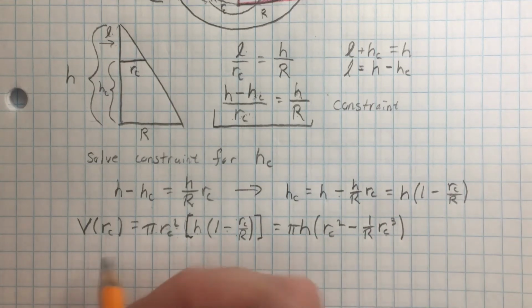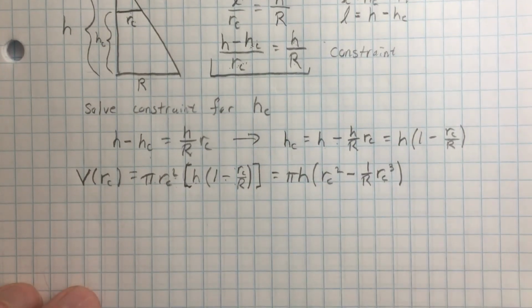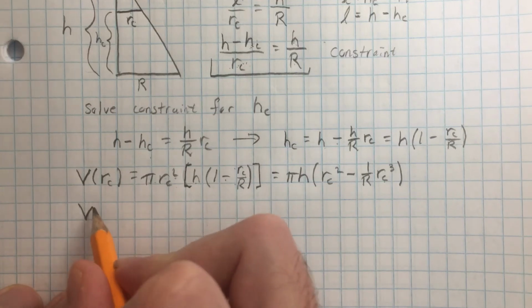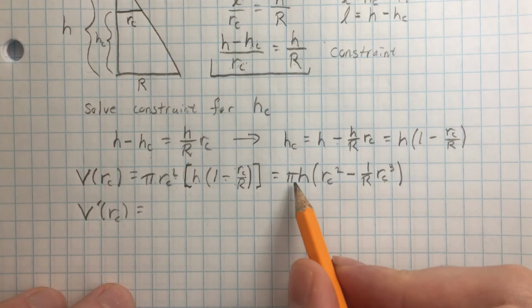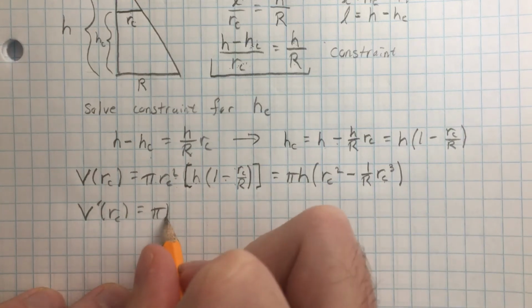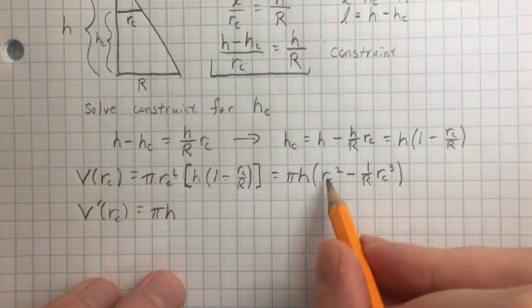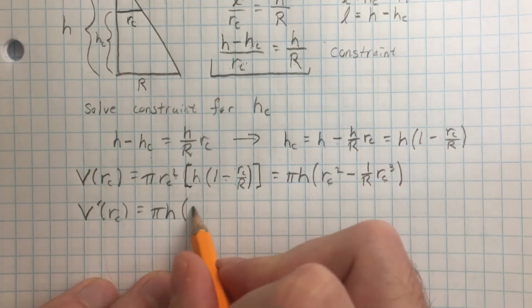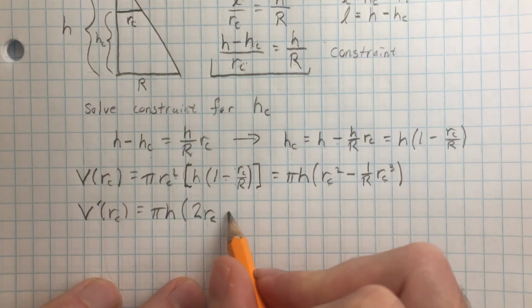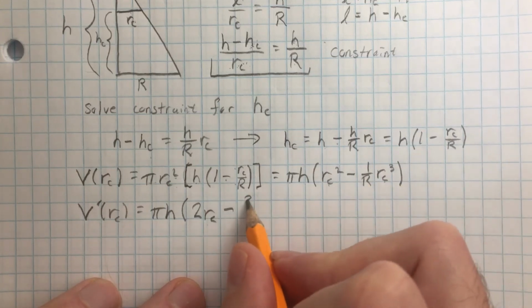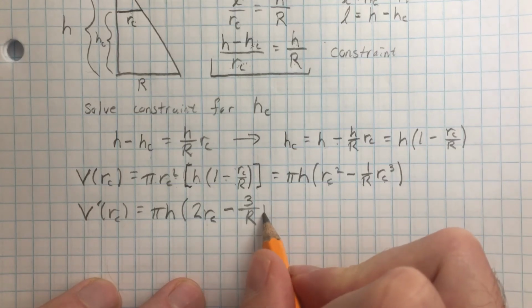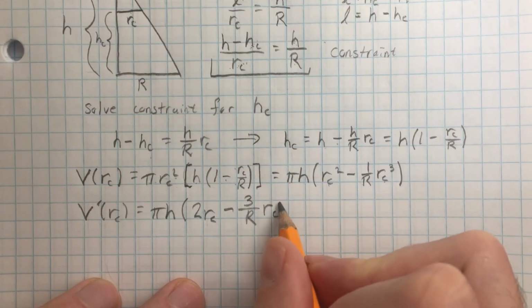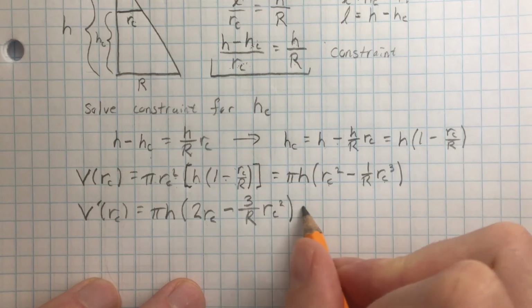I need to take its derivative. So V prime of rc: the derivative will bypass these two constants, they just stay there. I take the derivative of this with respect to rc, because it's the variable. 2 comes down, so 2rc minus 3 on cap R, that cap R is a constant, rc squared, set equal to 0.